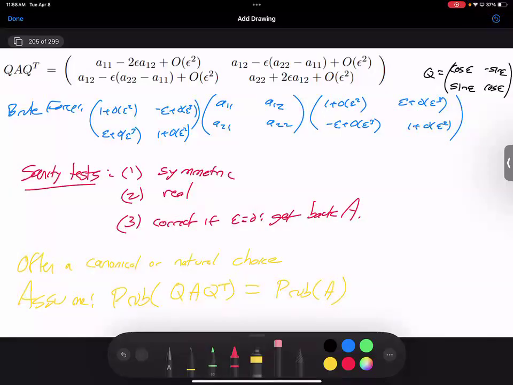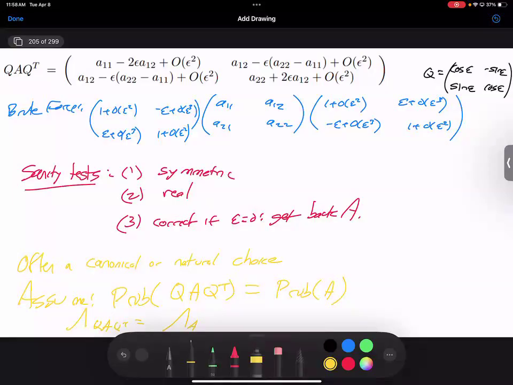What do we care about? Well, it turns out that the eigenvalues of the matrix are the same under the transformations. So lambda of Q A Q transpose is the same as lambda of A, up to reordering. So this is a nice result.